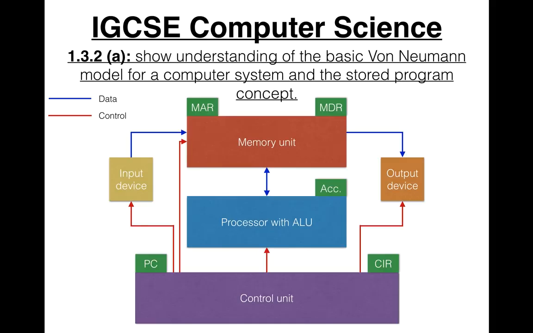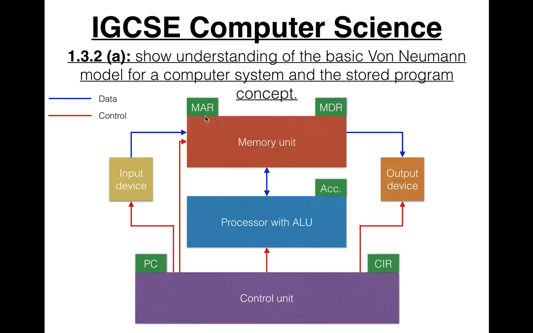This is a more detailed model of the von Neumann model, and it focuses on data and control. It's more detailed because we can see more parts and these green things here.